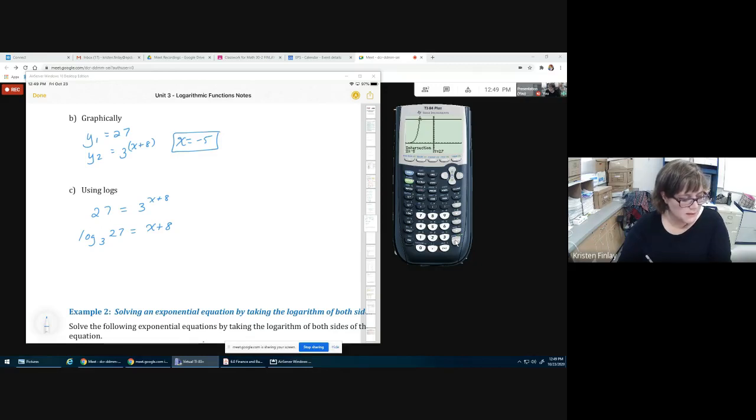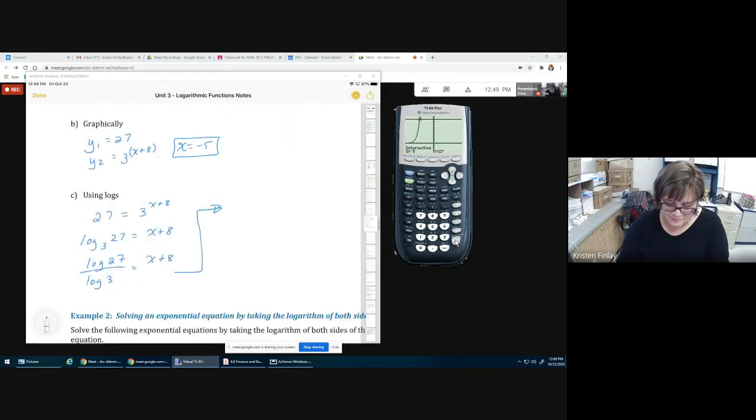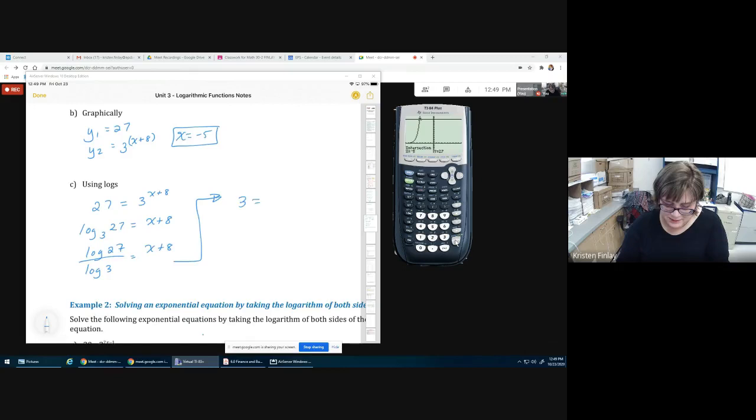And from that, we get log of 27 divided by log of 3 equals x plus 8.